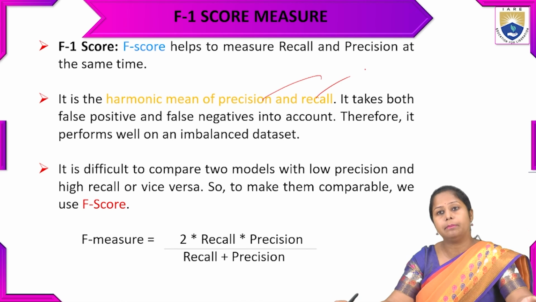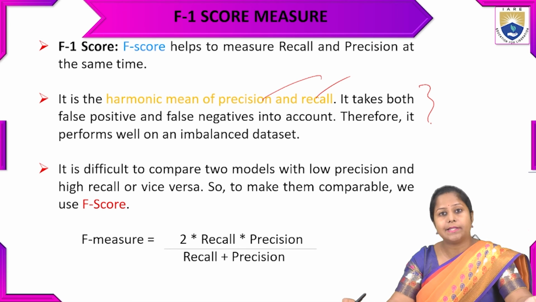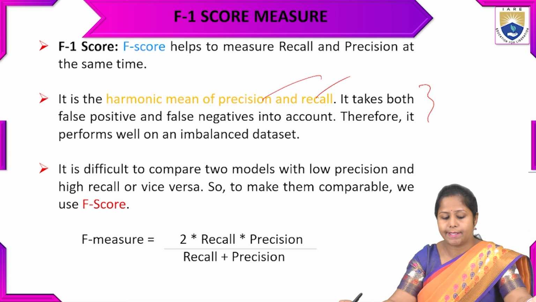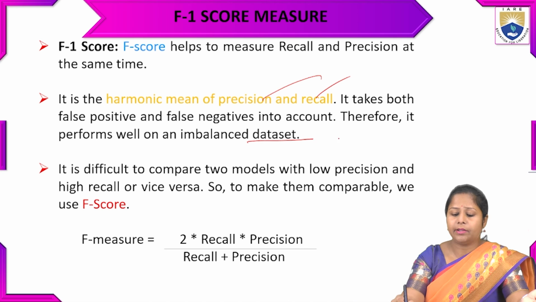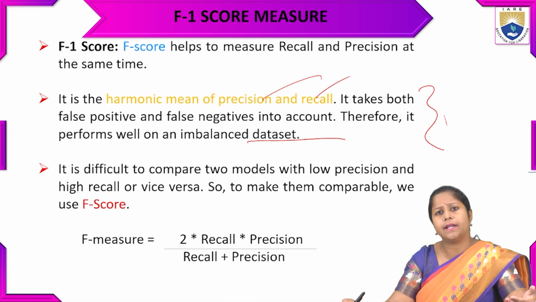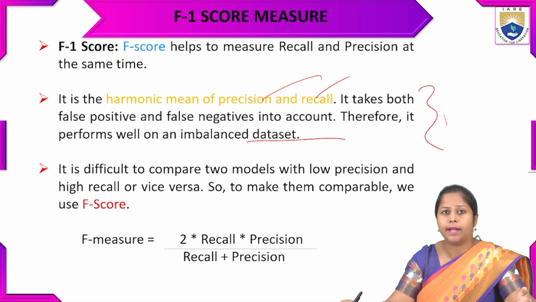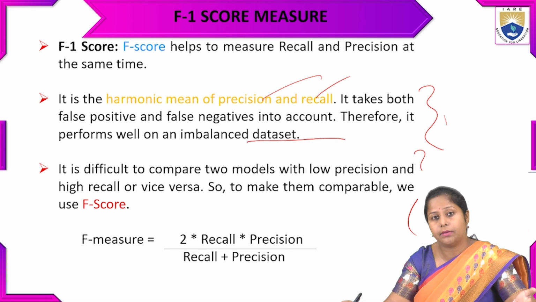It takes both false positives and false negatives into account, so there will be false positive classes and false negative classes. Therefore, it performs well on imbalanced data sets. For imbalanced data, we can compute the F1 score for that particular classifier.